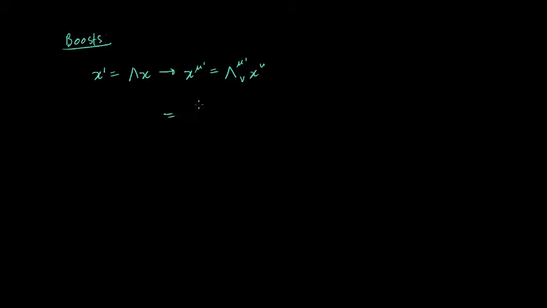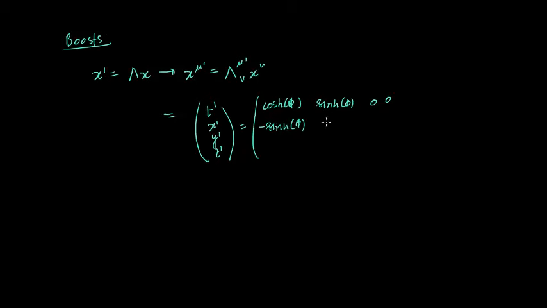That will look like t prime, x prime, y prime, z prime equal to the matrix cosh phi, sinh phi, 0, 0; negative sinh phi, cosh phi, 0, 0; 0, 0, 1, 0; 0, 0, 0, 1, times, of course, t, x, y, and z.